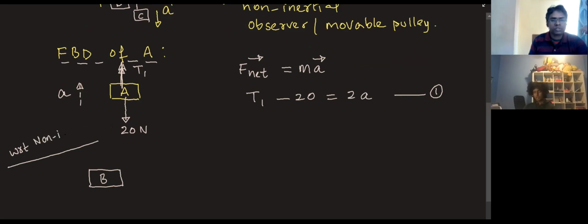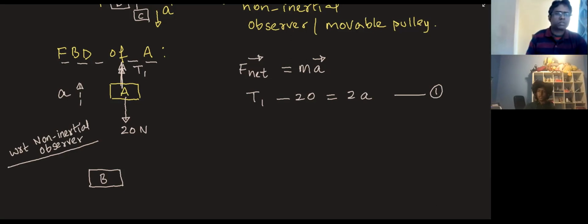So we are supposed to use the pseudo force here, for the non-inertial observer. Can you tell me the forces that act on B? There is gravitational force acting on B. Because the mass is 3 kg, the gravitational force is 30 newtons.